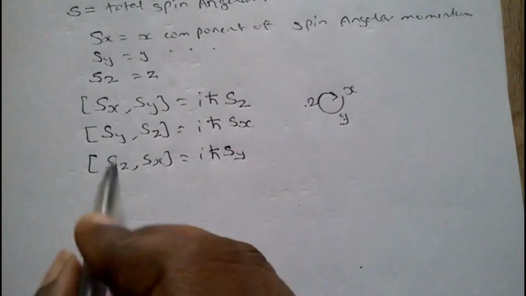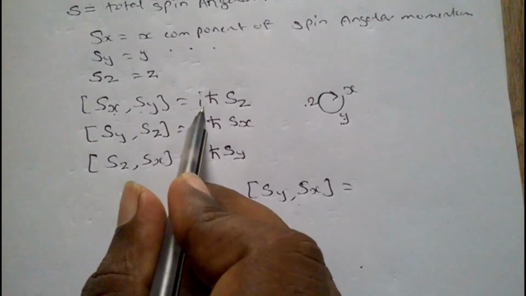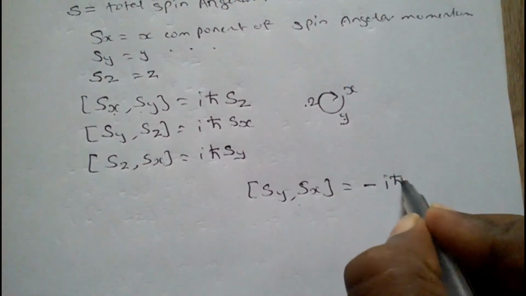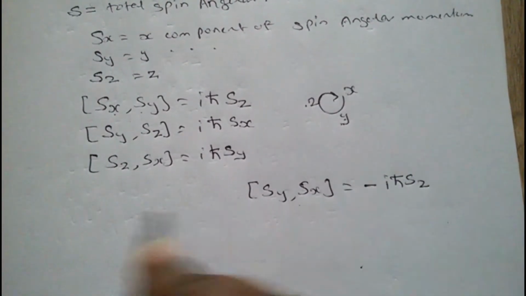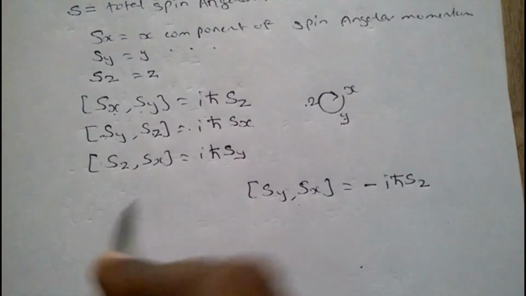And if we change the position, suppose I am changing Sy and Sx, we know the value of Sx Sy is i h cross Sz, so there will be a minus i h cross Sz. Similarly for these two also, if we change the position, the minus will come here.